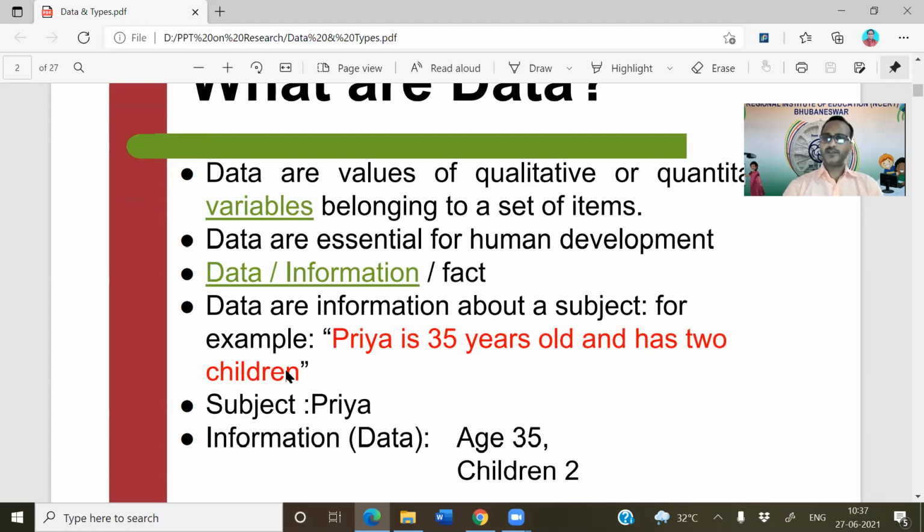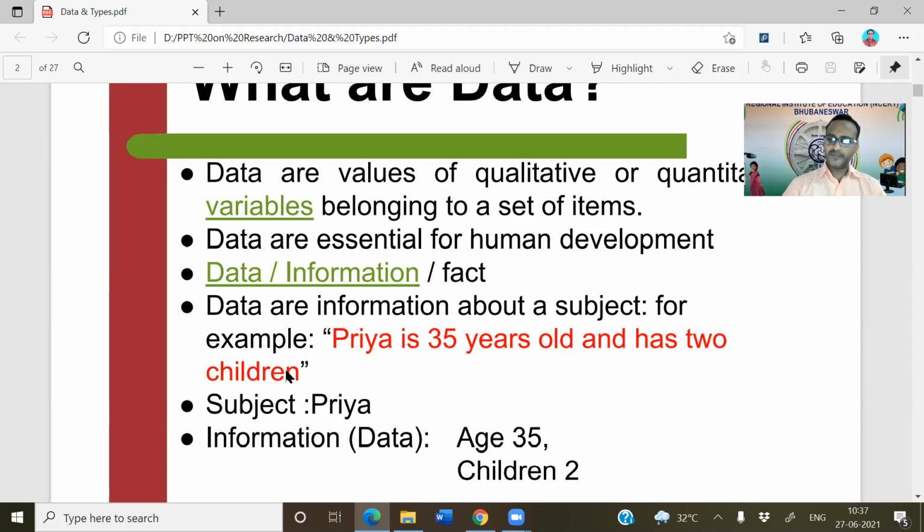For example, Priya is 35 years old and has two children. So if you read the sentence, the sentence is conveying information or a message about the subject Priya.